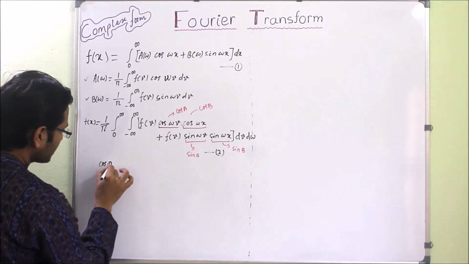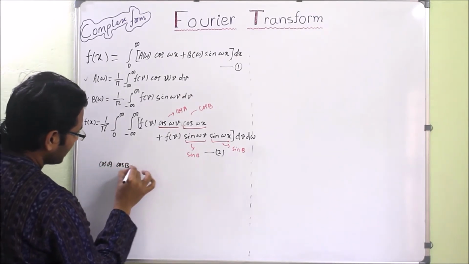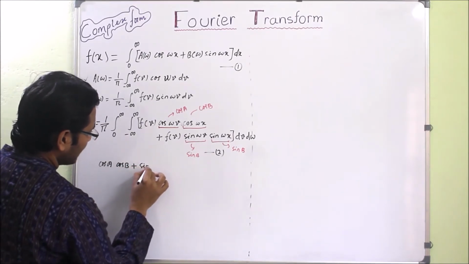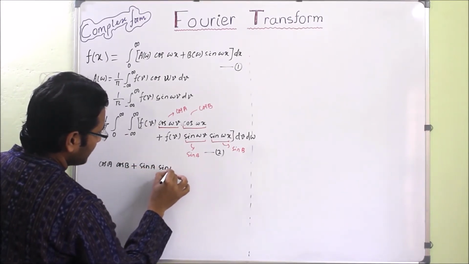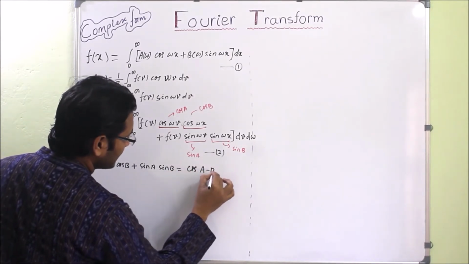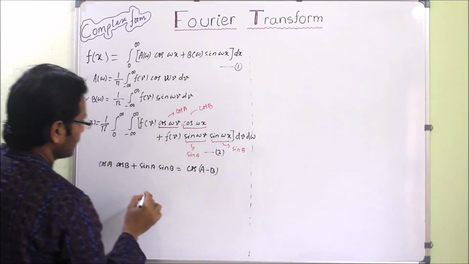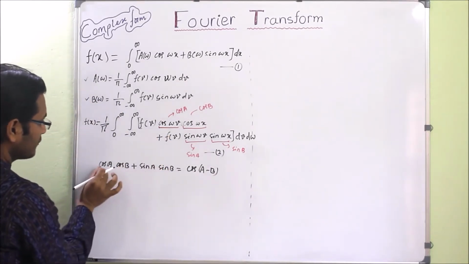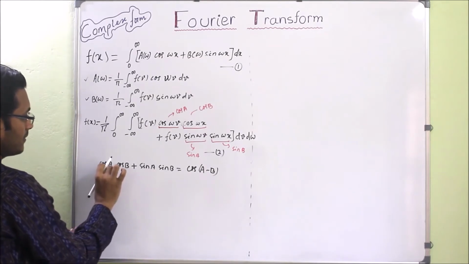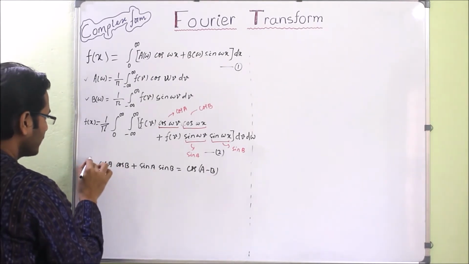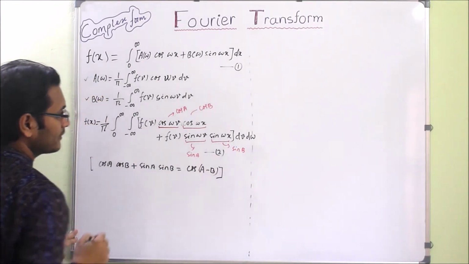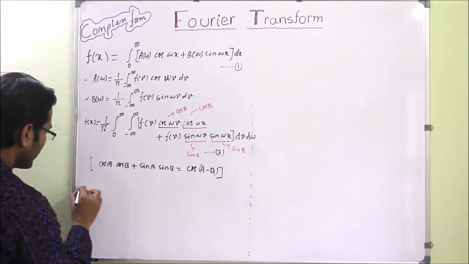If we have cos a cos b plus sin a sin b, this will be cos of a minus b. Sometimes the order can change also, but there will be no problem. So if we apply this formula on equation 3, then what will happen?